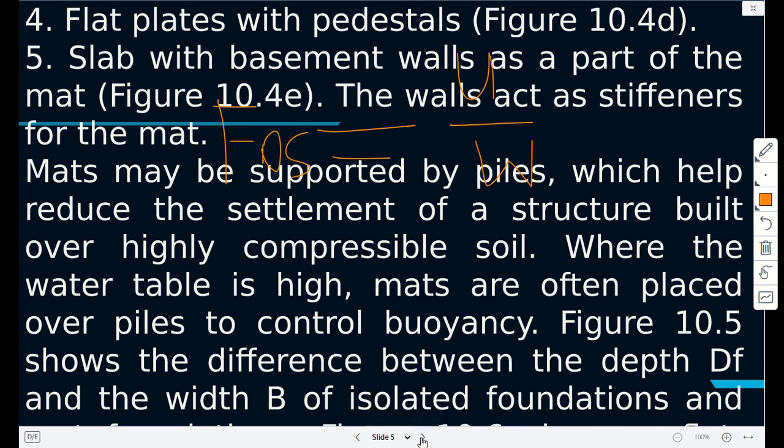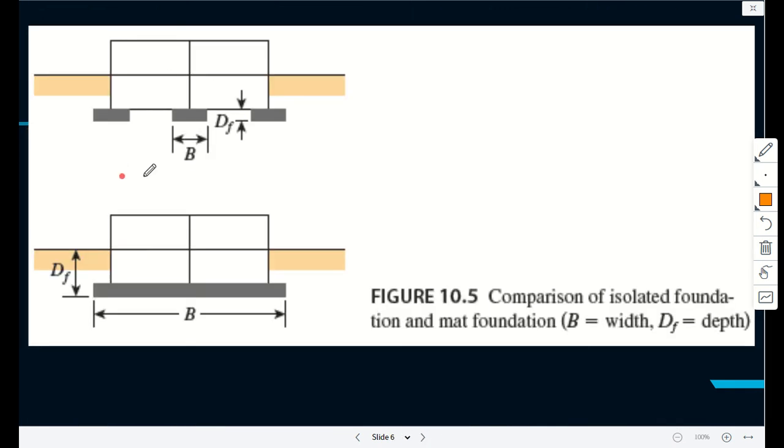Let's see. So the Df is the depth of this protrusion under the column.